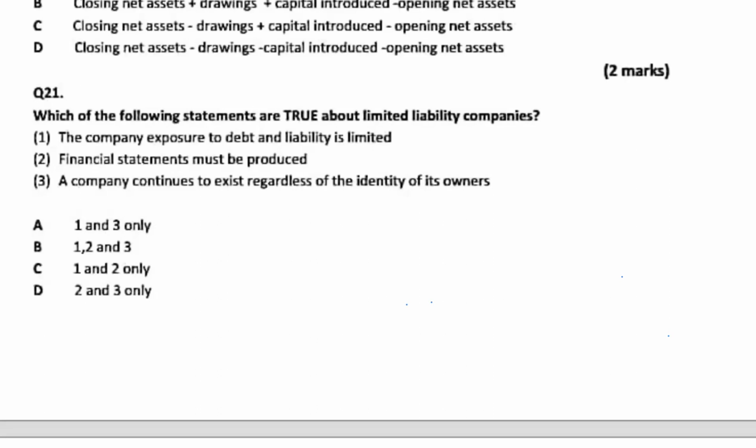Yes, if it's a public limited company. What about this one? Does it state that this is a private limited company or a public limited company? This one is just open, that's why I chose all the 3 answers. Okay, interesting. Any other?